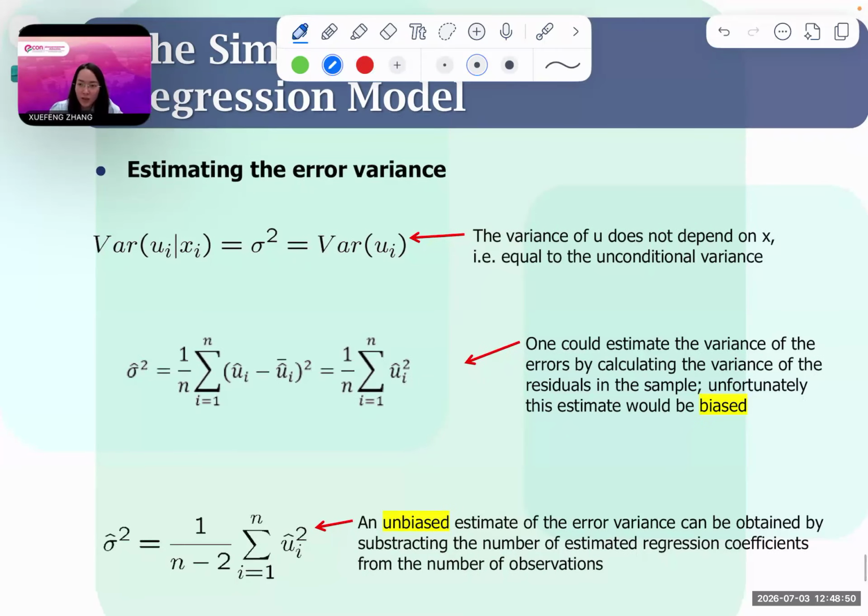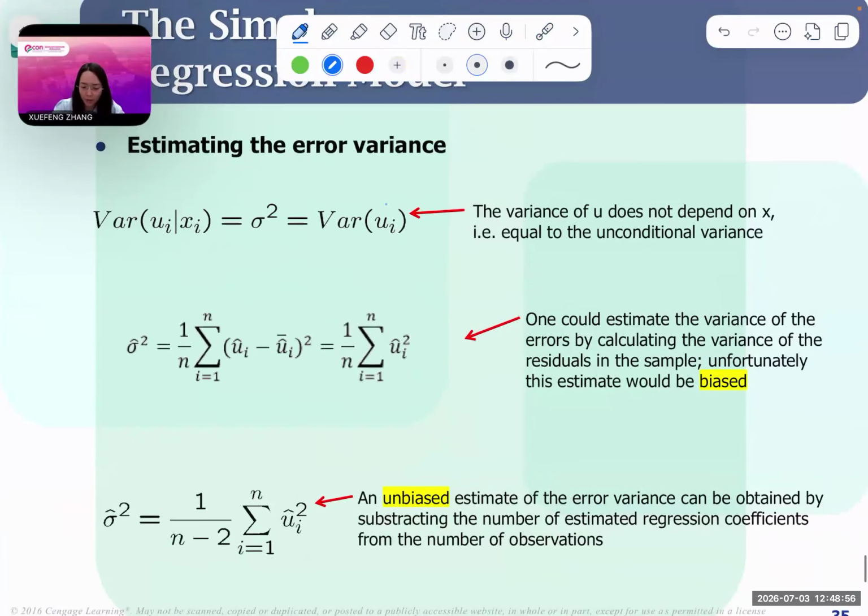But do you remember mu is unobservable? Okay, mu is unobservable. So how do we estimate sigma square?